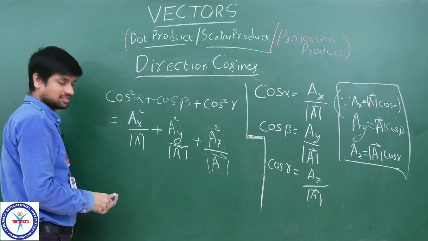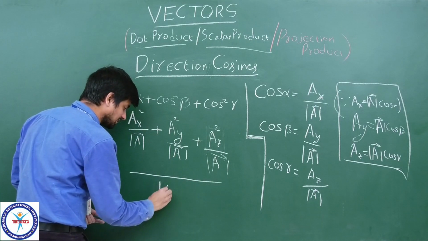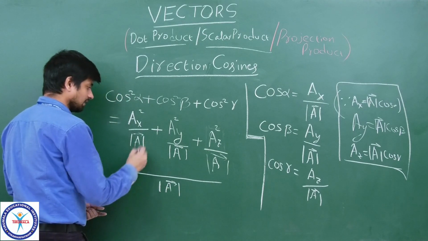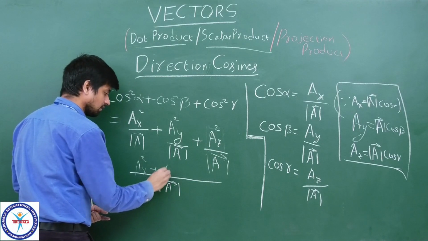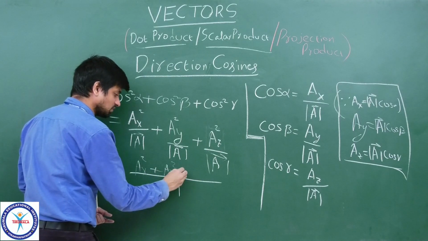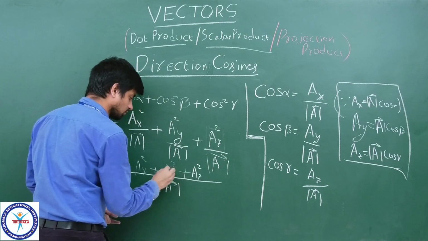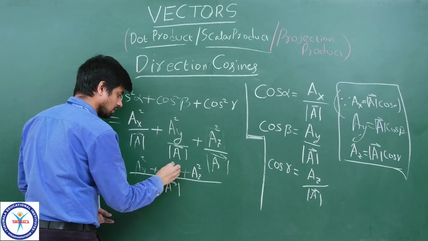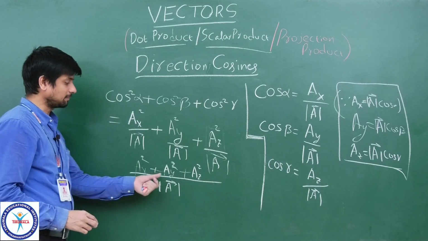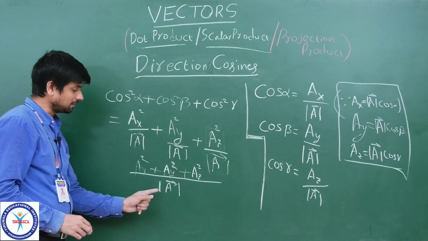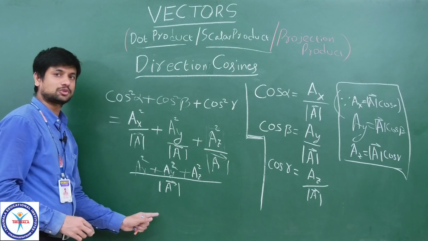Now take the LCM, children. You will get modulus A square in the denominator, and in the numerator Ax square plus Ay square plus Az square. But keep in mind, before, if you want to know the magnitude of the vector, what should I write?